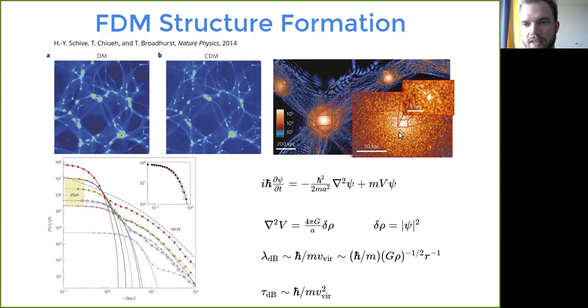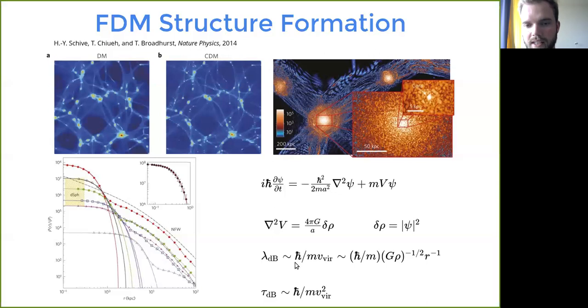And these granules then oscillate on the de Broglie time scale, which is just the de Broglie wavelength divided by another factor of the velocity. So these two will be the important length scales associated to fuzzy dark matter.